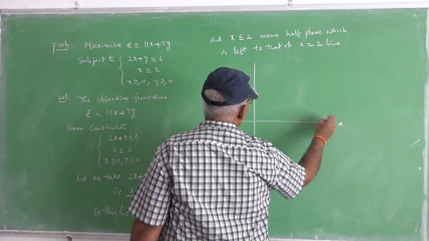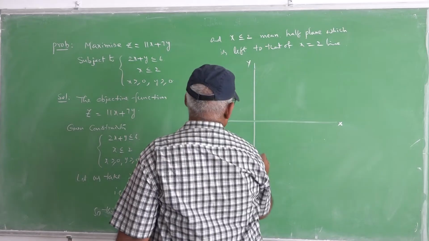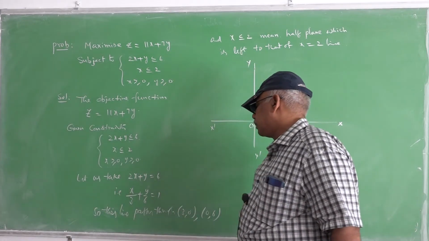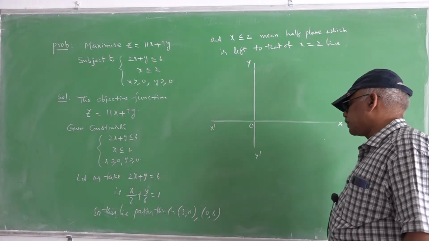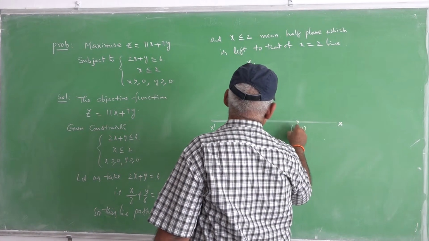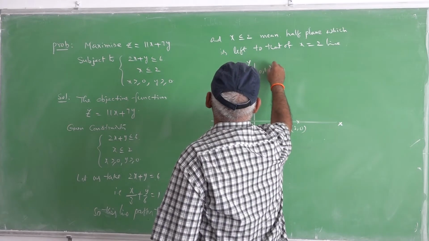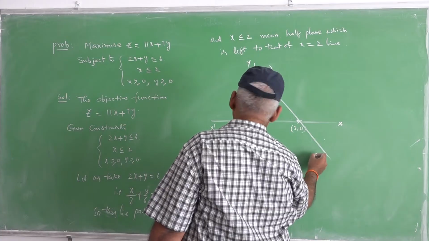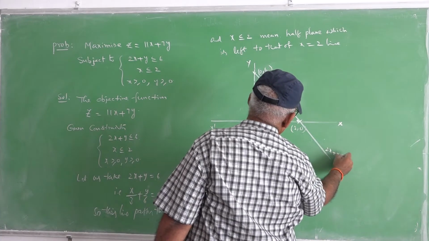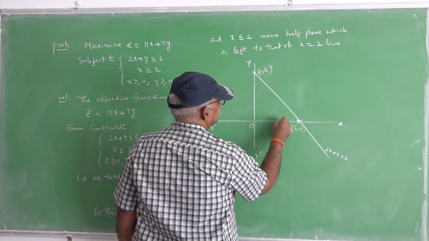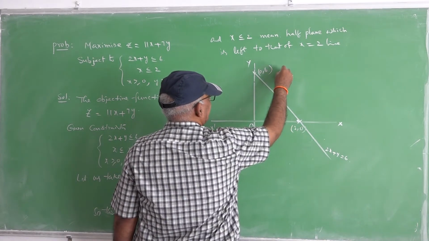X axis, y axis, origin. The line 2x plus y equal to 6 is the line that passes through 3 comma 0 and 0 comma 6. So, let us take this line like this. And x equal to 2 is the vertical line.